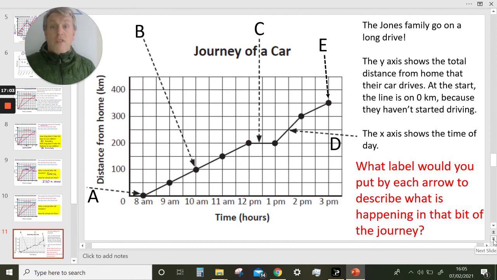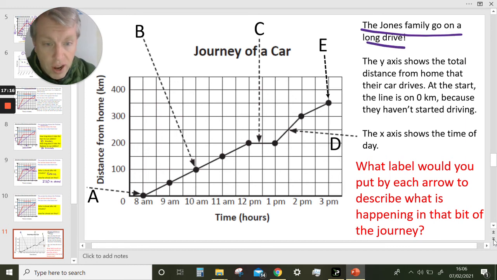This is part of your work, so I'm going to just show it to you now. It's the journey of a car, and in this, the Jones family go on a very long drive. They actually drive, goodness me, all the way from here, which is 0 kilometres, from home, setting off from home.